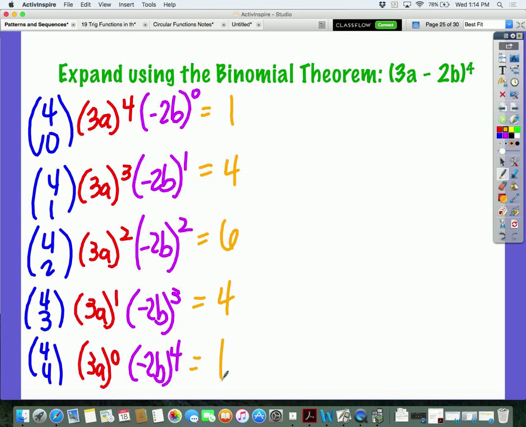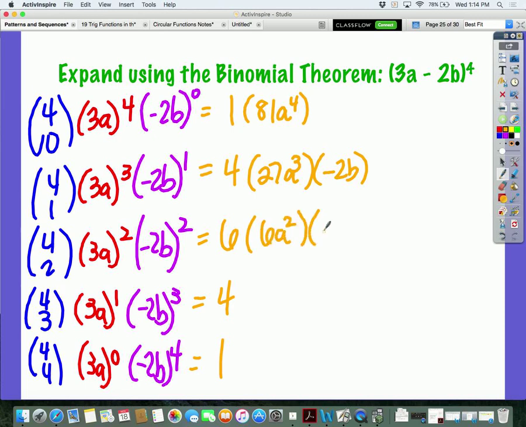Then 3a to the 4th is an 81a to the 4th. And then negative 2b to the 0 is just 1. Over here, 3a to the 3rd is 27a cubed. And then we have a negative 2b, because that's being raised to the first power.